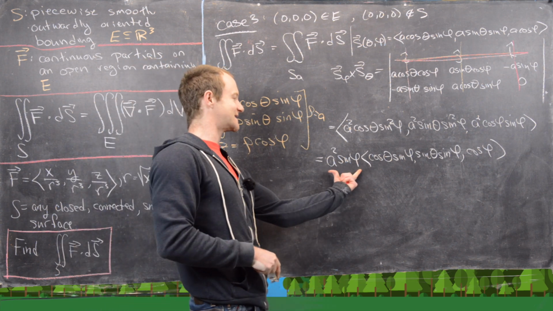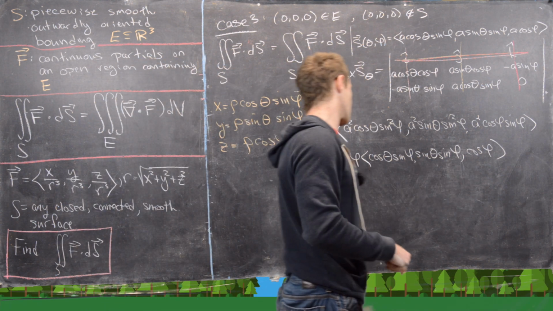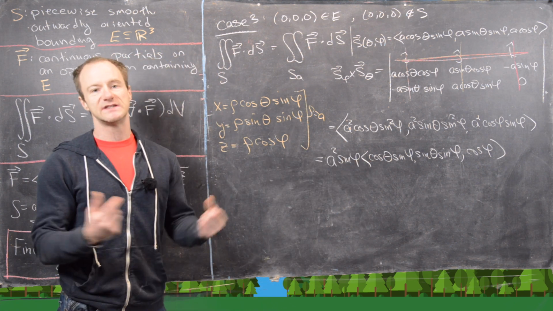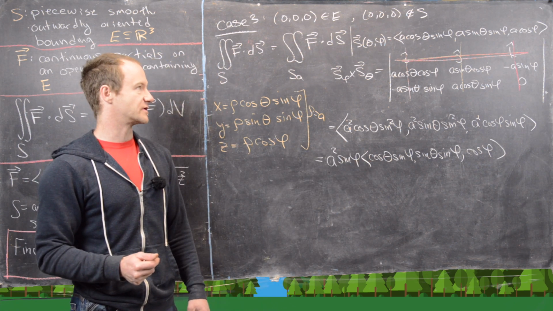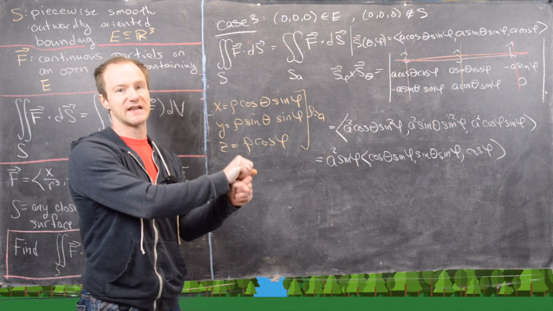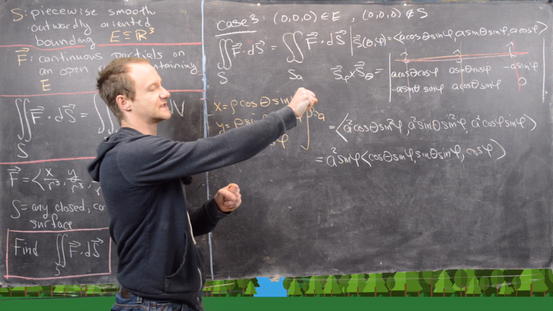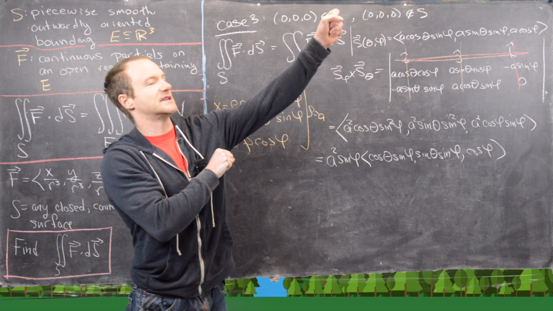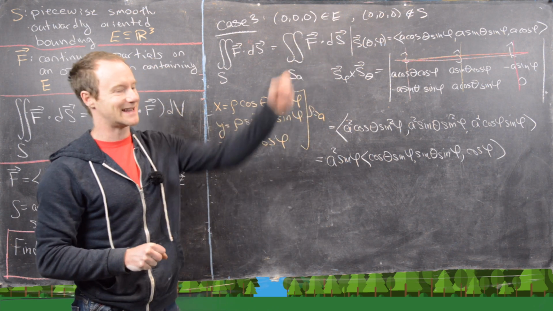So notice this is a scalar multiple of our original parameterization. In fact, if we bring this a on the inside, we see that it is a scalar multiple of our original parameterization pretty easily. Our original parameterization takes us from the origin to the sphere, but now this vector is pointing in the same direction, so that means it's normal to the sphere pointing outwards.